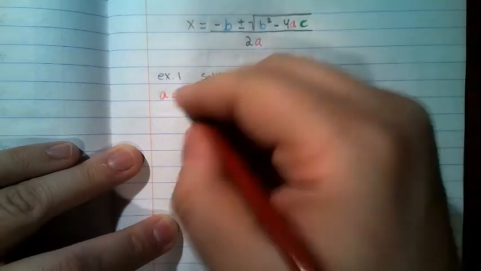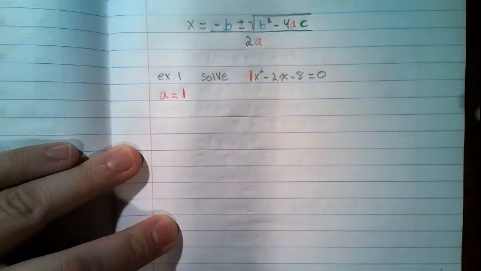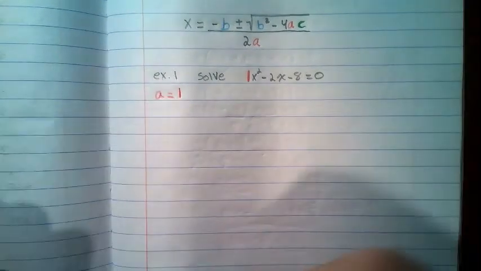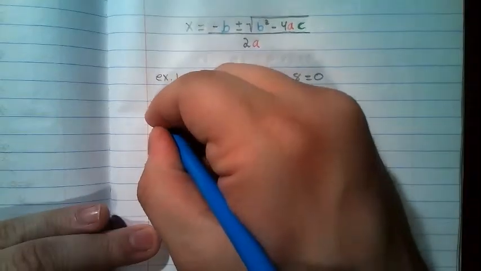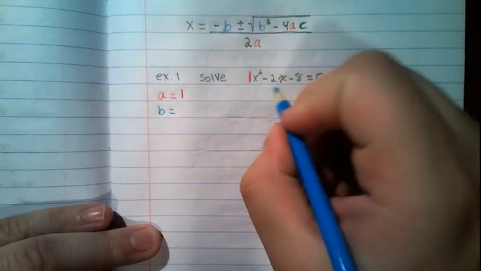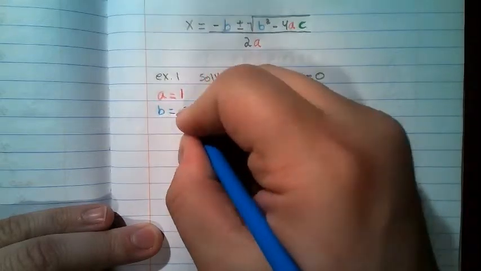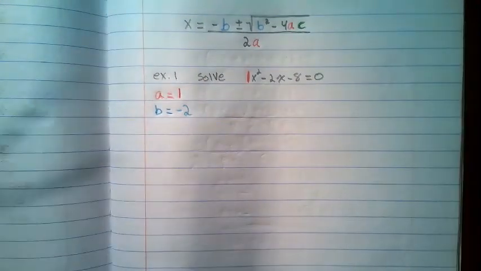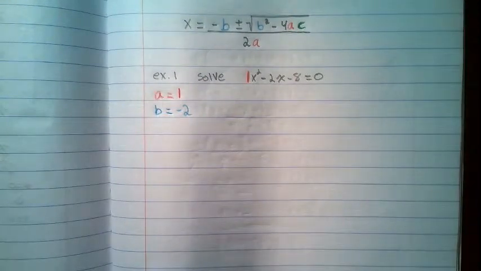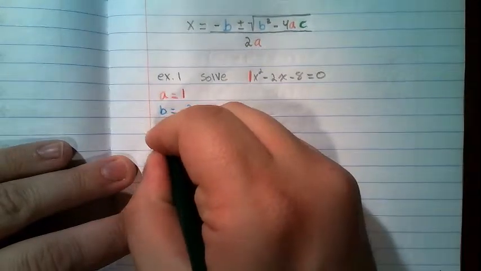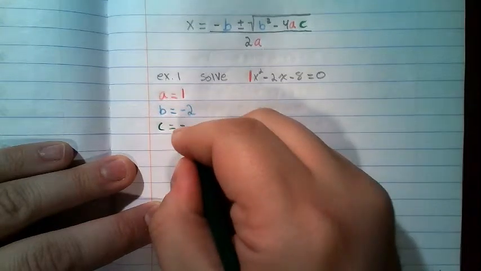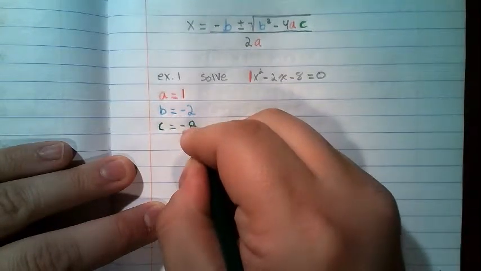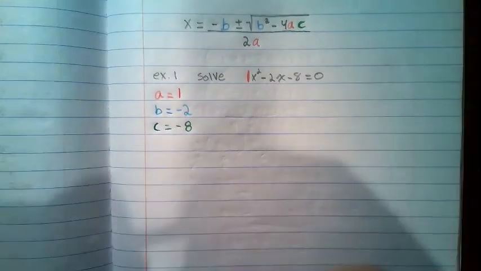It's that imaginary 1 that's in front of the x squared. b is equal to negative 2. And c is equal to negative 8. So remember, we have to take the signs when we do this.